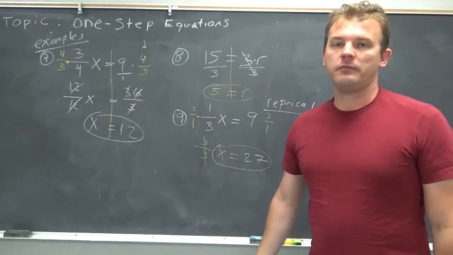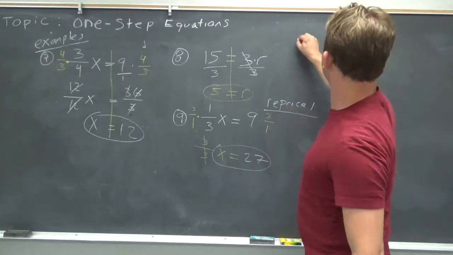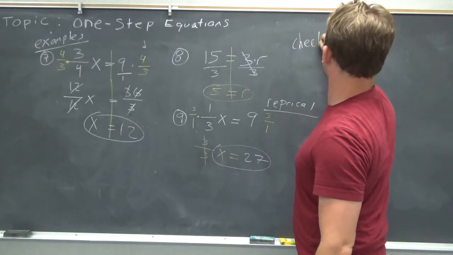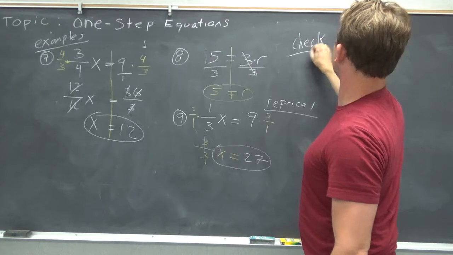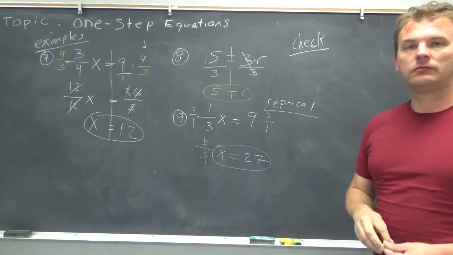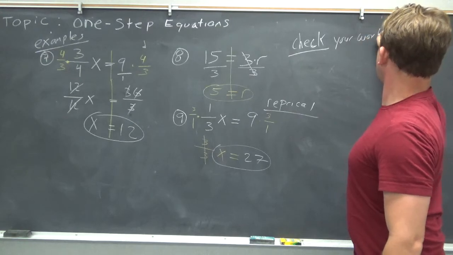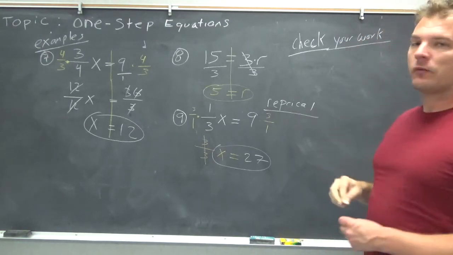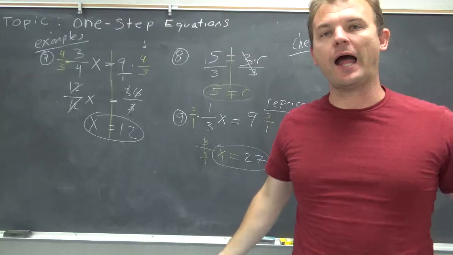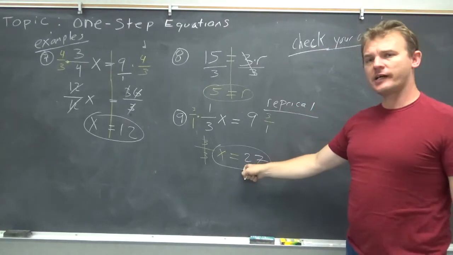Well, maybe you don't believe me that's the right answer. So what you're going to start doing later is checking your work. How do I do that? Easy. Isn't this your answer?